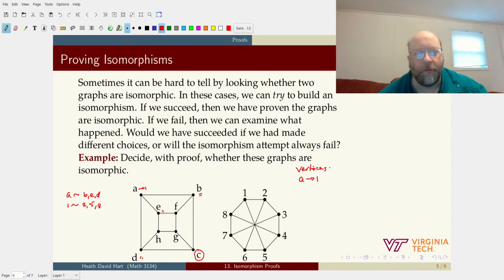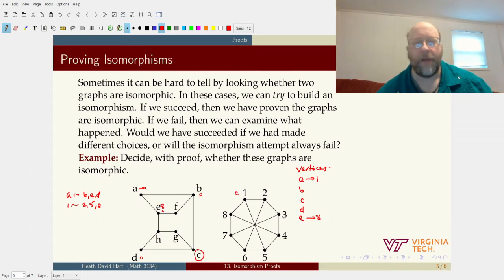That doesn't help because we've already sent A to 1. 5 and 8 both connect to 1 also. That doesn't help either. So B and D are going to have to go to 2 and 5, and then E will go to 8. So E now has to go to 8.